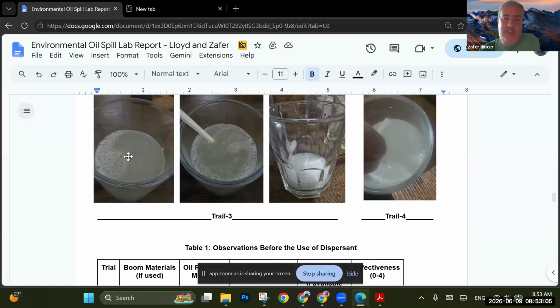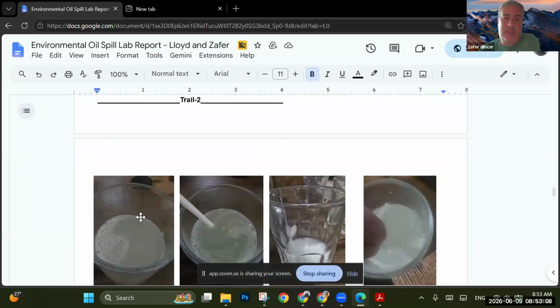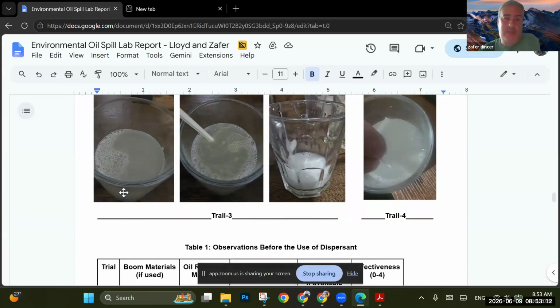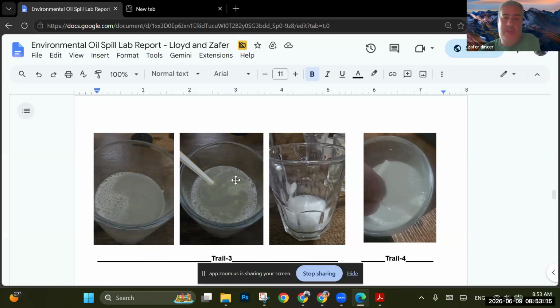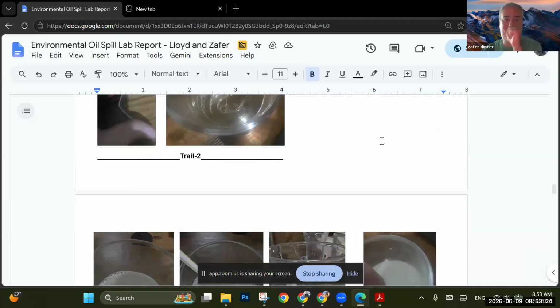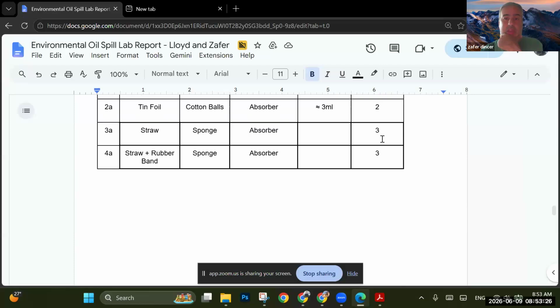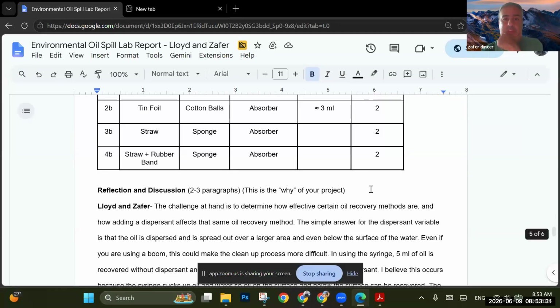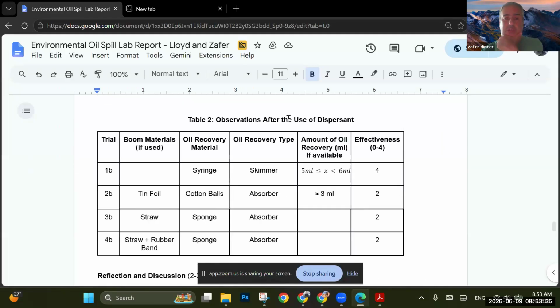The biggest problem here when we add the soap, as you see, is that it breaks into smaller droplets, which makes it very difficult to get the oil from the surface, either by using the straw, or the rubber, I'm sorry, or the sponge. So I give 3 and 2, which is the last point, after the dispersant is added.